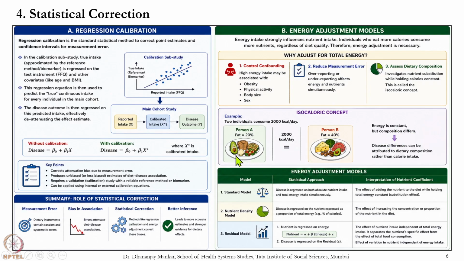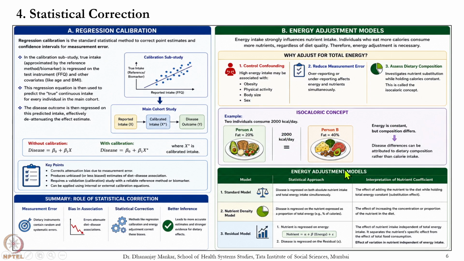Both of them have 2000 calories, but the fat is 20% here and 40% there. So disease differences can be attributed to the dietary composition rather than the calorie intake. You don't have to concentrate more on the calorie part.